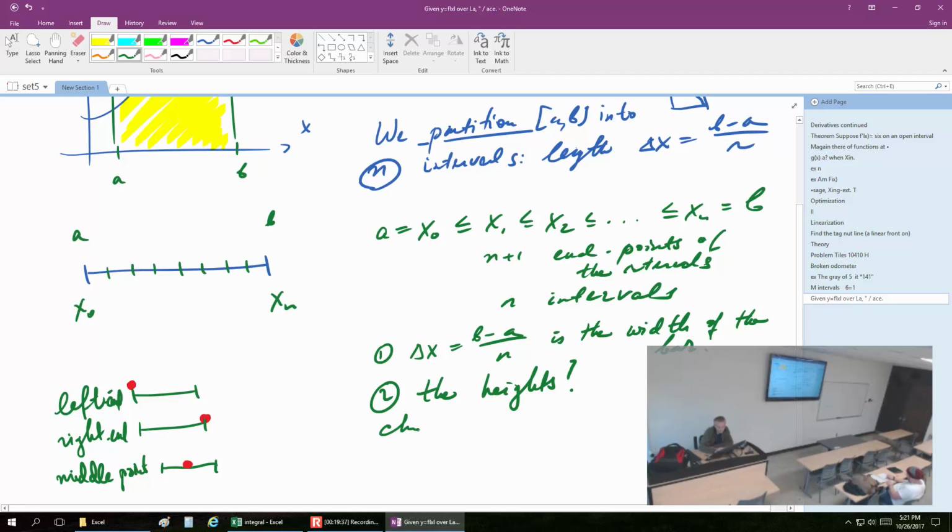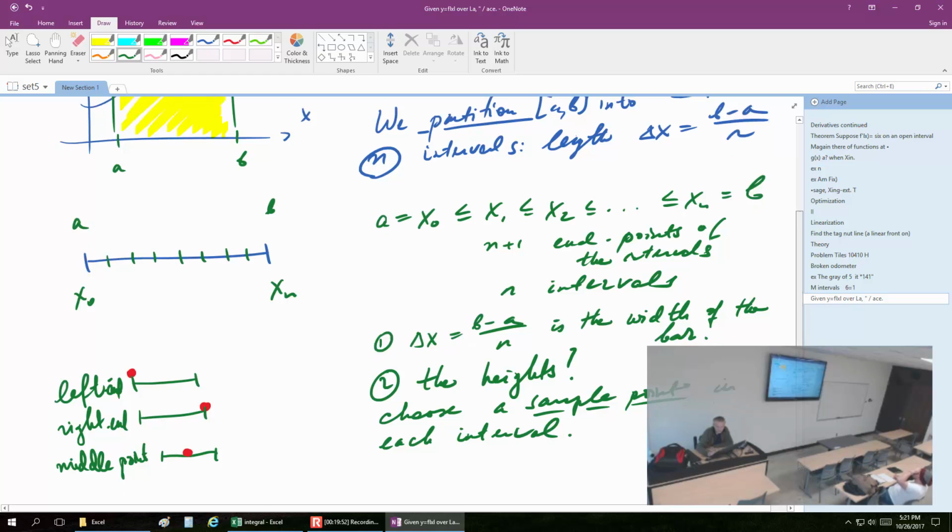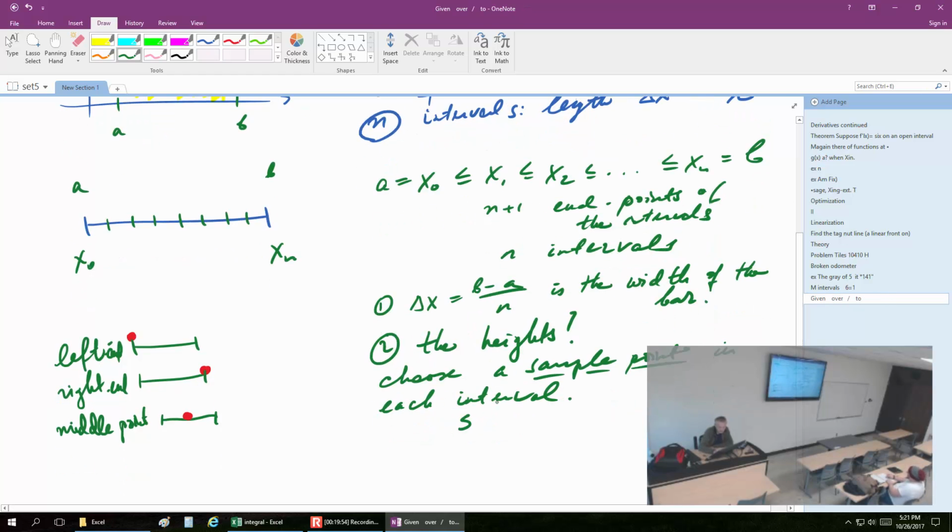So choose a sample point in each interval. We call them, say, S sub k, S1 through Sn.